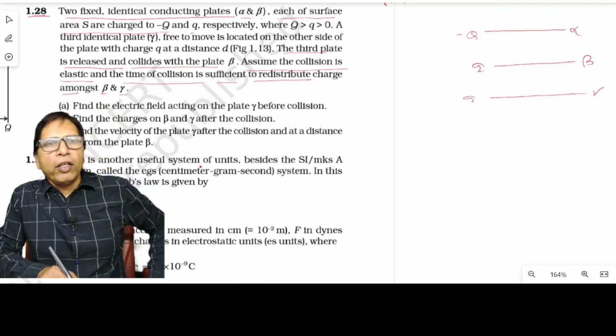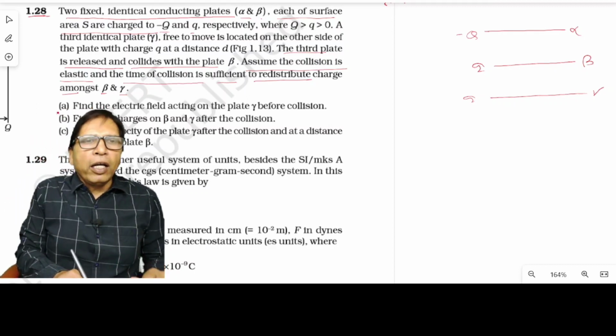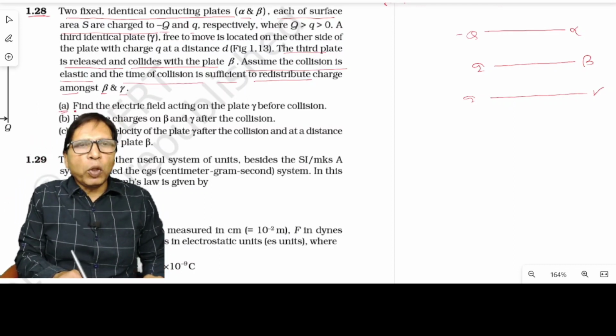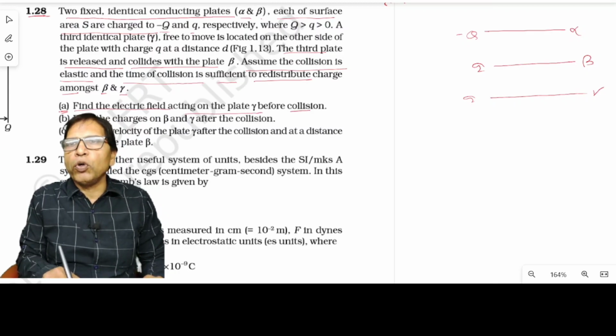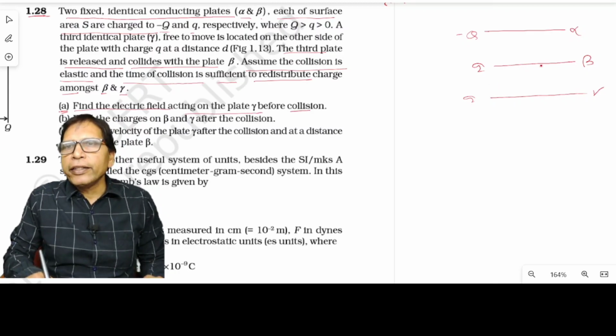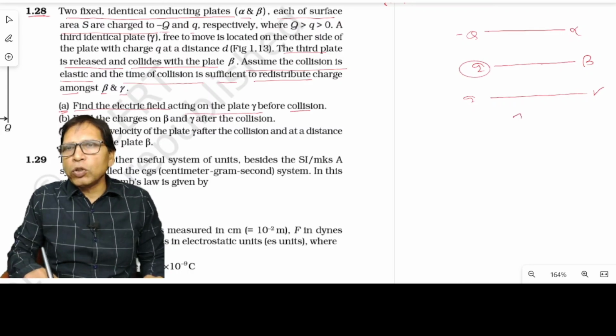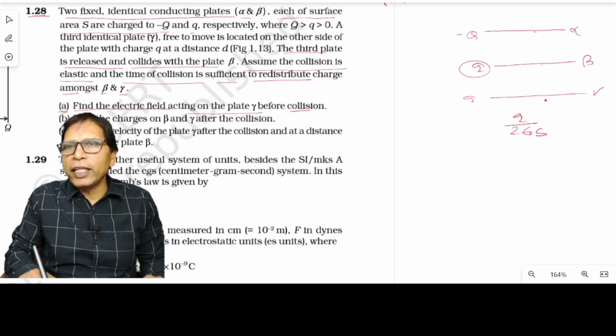Now question number 1: find the electric field acting on the plate gamma before collision. Look at this, the electric field due to this q charge is equal to q by 2 epsilon naught S, and this field is directed along this direction.